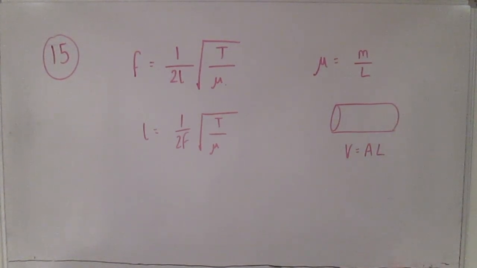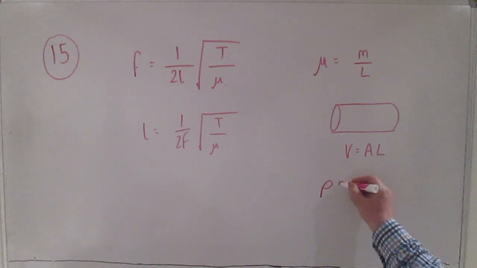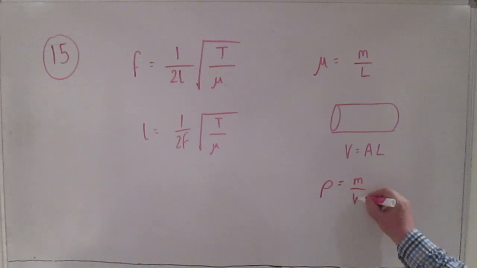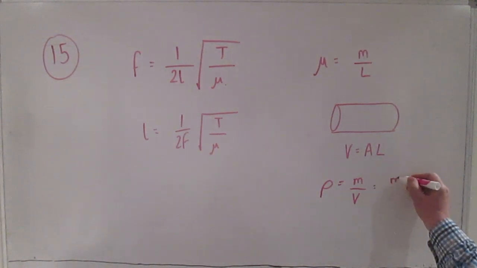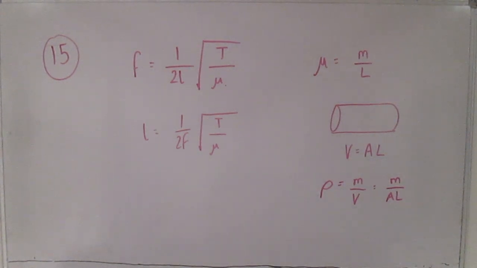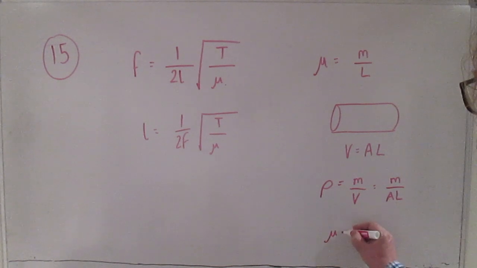Remember, these two wires are made of the same material, so they'll have the same density, and we can say that the density is equal to mass over volume, which is the same for both, which is mass over AL. So comparing those, you can see that mu is equal to the density times A.